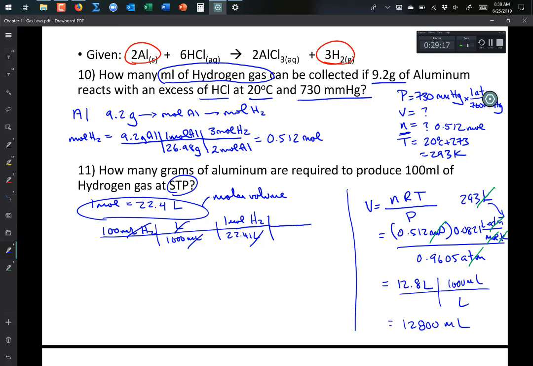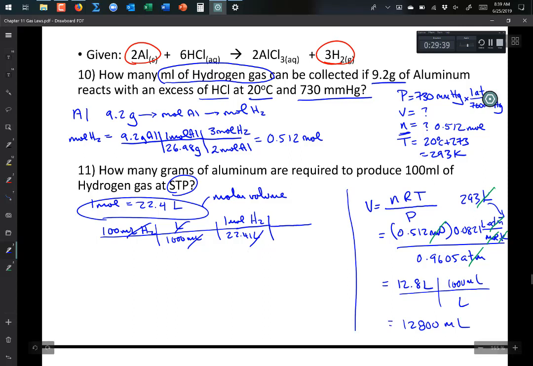And then what's the next thing I need? For moles of hydrogen, I need to go to moles of aluminum, and once I have moles of aluminum, I'm going to get grams. Okay? How do I get to moles of aluminum? Mole ratio? Yeah, mole ratio.